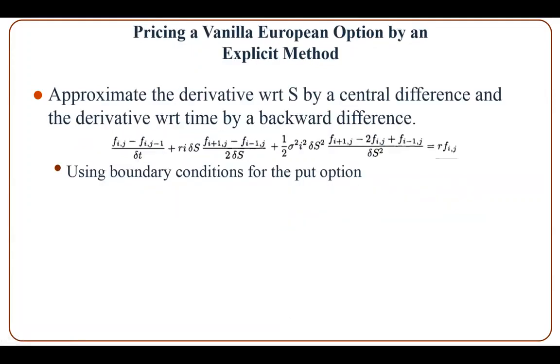Now let's see how we can price a vanilla European option by an explicit method. We approximate the derivative with respect to the asset price by a central difference, and the derivative with respect to time by backward difference. And we use the boundary conditions for the put options previously discussed.